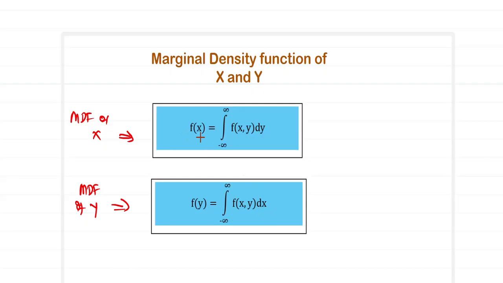We need to keep in mind, as a shortcut, that opposite poles attract each other. Therefore, when it is x, integrate with respect to y. And when it is with respect to y, you will have to integrate with respect to the variable x.